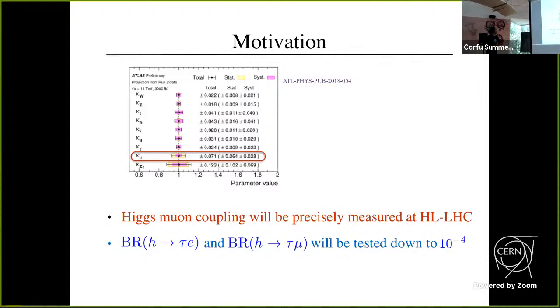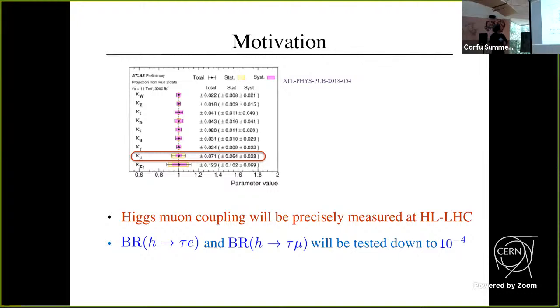But what's important here is a new coupling on this list, the coupling to muons, which is expected to be measured with a precision at the level of 7%, which is more or less or even better than some of the couplings to third generation right now. And this is the place I'm really looking forward to seeing the result, because maybe it's the place where new physics can jump out.